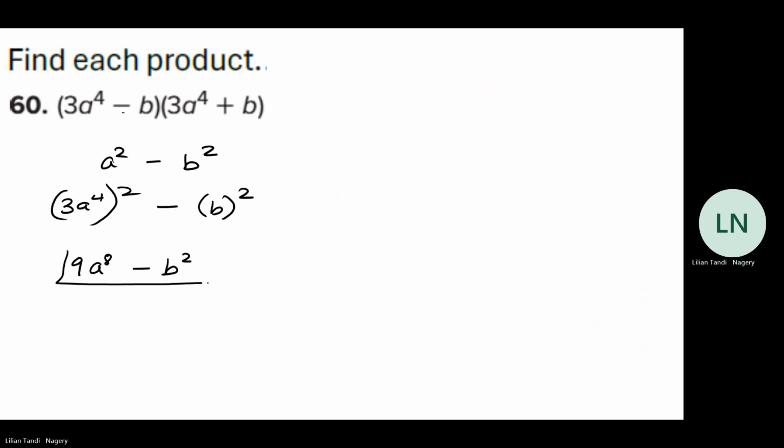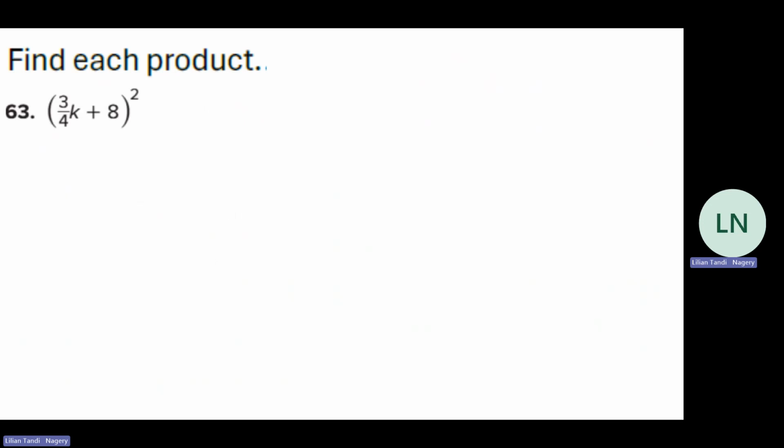Okay? How do I know this is the eighth power? Take this: this becomes 3 squared, and this becomes a to the fourth power times 2. Okay? Like that. If you forget, do distributive property and FOIL. Okay? All right.